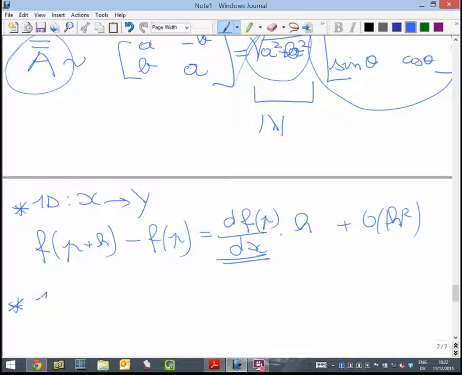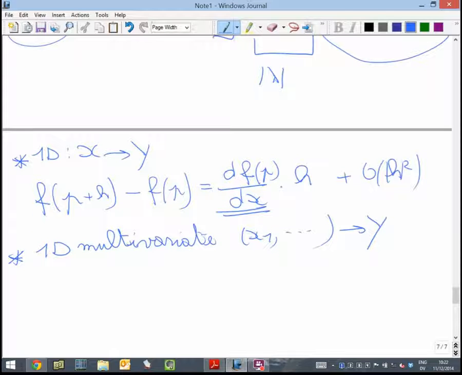For multivariate functions with a single output, we basically go from a vector x1, x2, and so on, to a single number y. Then we can linearize this as f of vector p plus vector h minus f of vector p.